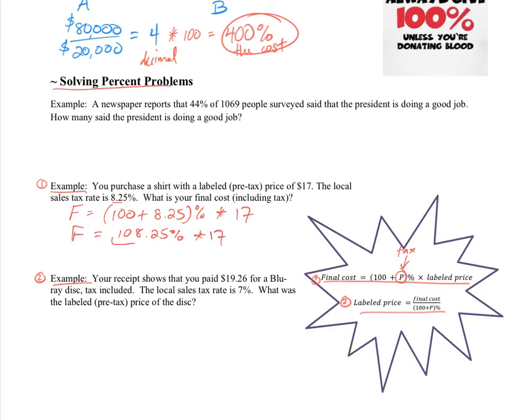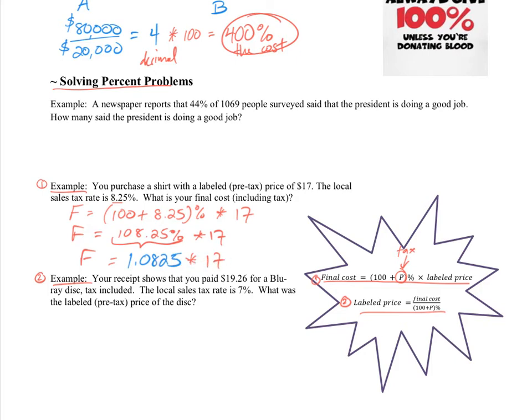So we have to change this to a decimal, which means we just take this number and divide by 100 and get 1.0825. And when you deal with percents in equations, you always must change it over into a decimal.